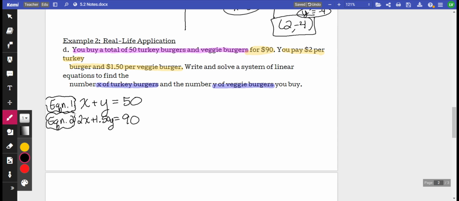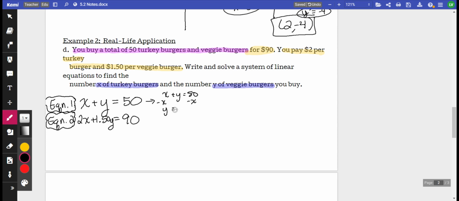Well, I want to solve this using substitution. x plus y equals 50, 2x plus 1.5y equals 90. Well, step number 1 is to isolate one of the variables. So I'm actually going to use equation number 1 to get my y by itself. So in order to get my y by itself, if I have x plus y equals 50, I have to subtract x from both sides.